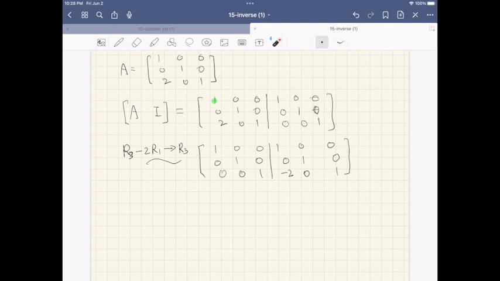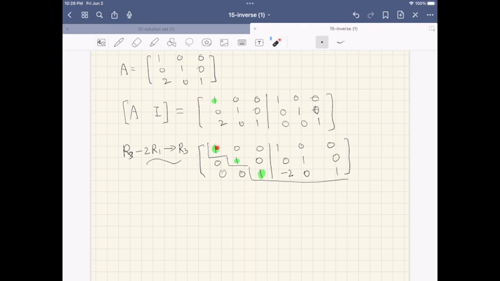And then we look at the second column. First column we have a pivot. Second column, this is a pivot. And third column, this is a pivot. So we already have a staircase. So this is REF.